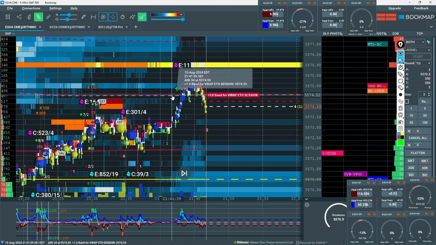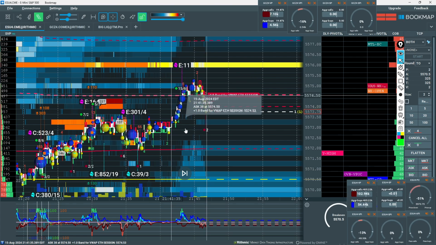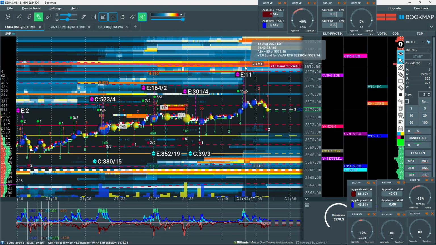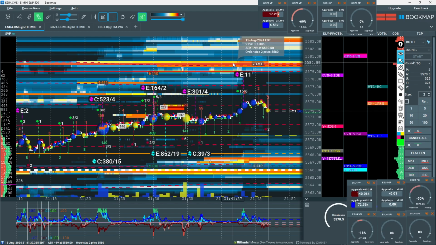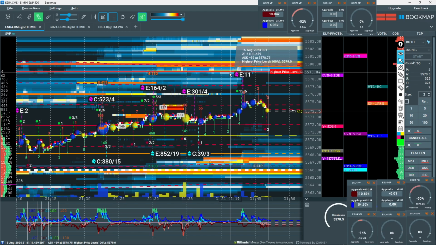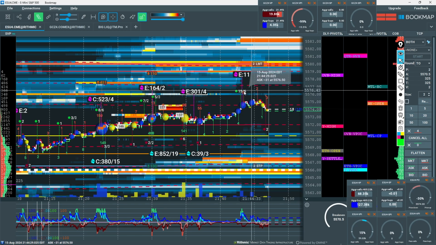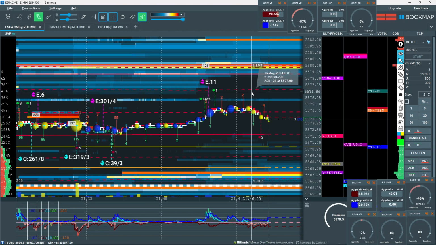We're at plus one VWAP, first upper deviation on the VWAP, and my target is this liquidity up here at roughly 55.80, right? So the highest price level in the ETH right now from this session is 55.78.84. So we're trying to see if we could get up to at least plus 2 VWAP.